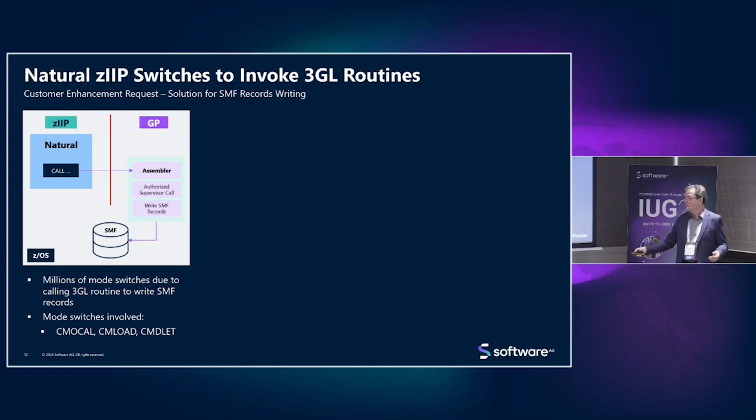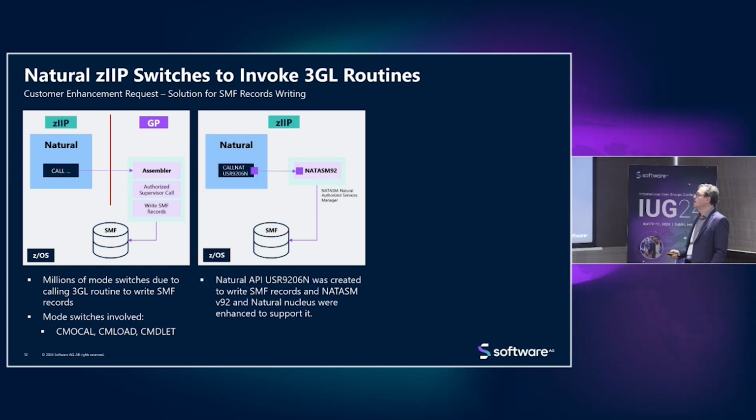And there is no way around it. A lot of switches are involved in this: CMO call, CM load, CM delete, and this happened millions of times. So they approached us, asking if we can do something to improve this case. What Natural R&D produced was a mechanism where we enhanced our Natural Authorized Service Manager, which is required in version 9.2 in this particular case.